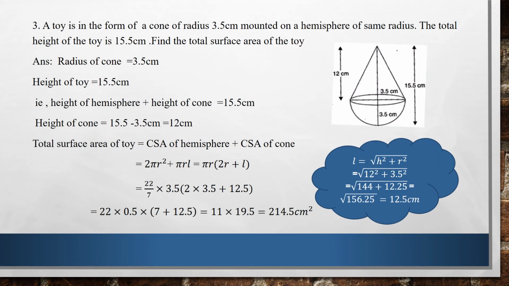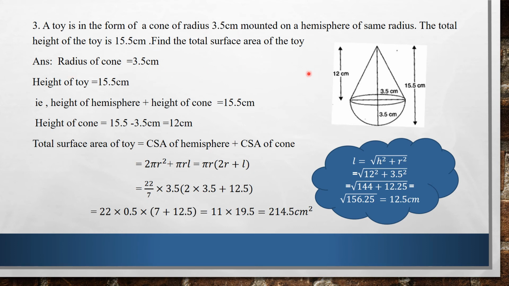Question number 3. A toy is in the form of a cone of radius 3.5 centimeter mounted on a hemisphere of same radius. The total height of the toy is 15.5 centimeter. Find the total surface area of the toy. Here we can see the toy is in the shape of a cone and it is mounted on a hemisphere of same radius. We are given radius of the cone is equal to 3.5 centimeter.